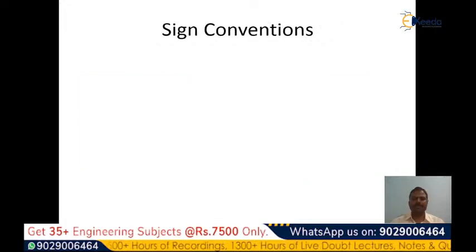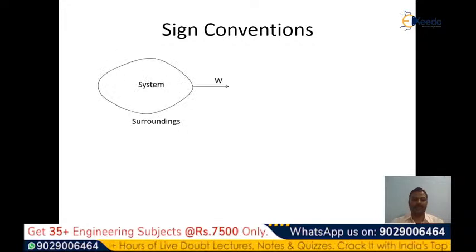So a sign convention for this work transfer may be like this. Work done by the system is taken as positive, that is, work done to the surroundings is positive.